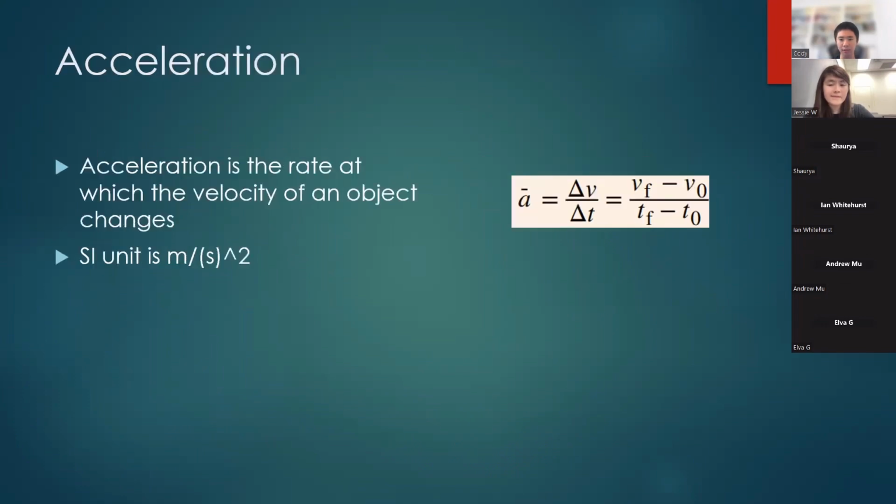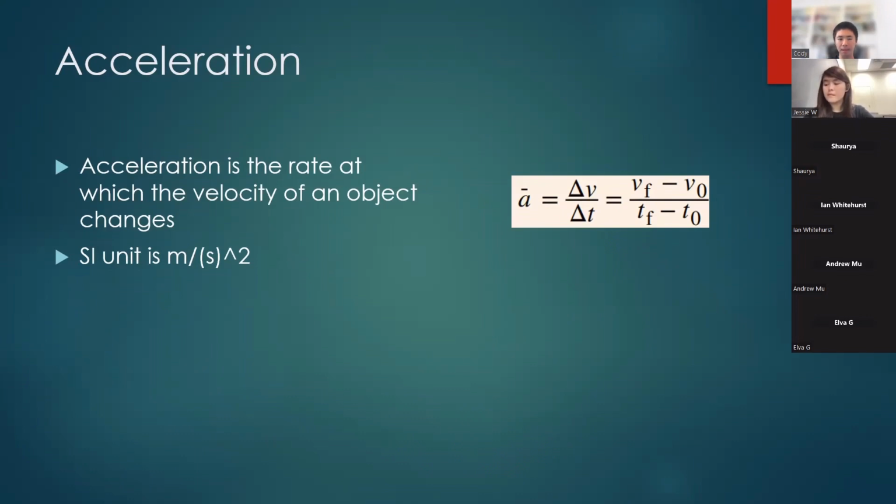For acceleration, acceleration is the rate at which the velocity of an object changes. That's change in velocity over change in time, so velocity final minus velocity initial over how long it takes.